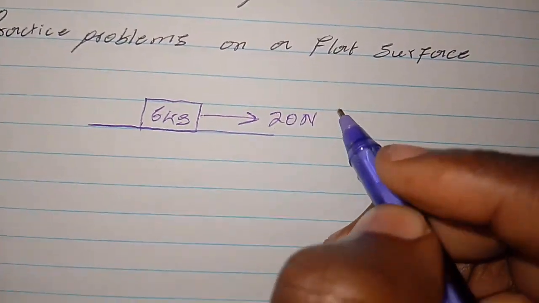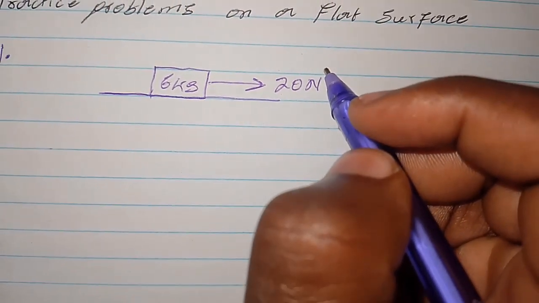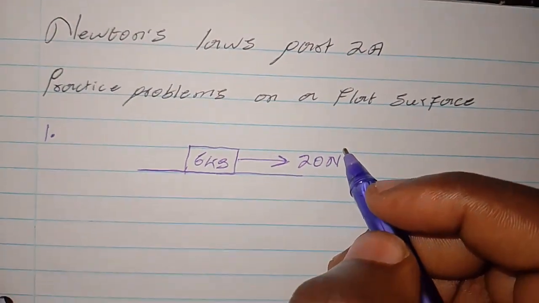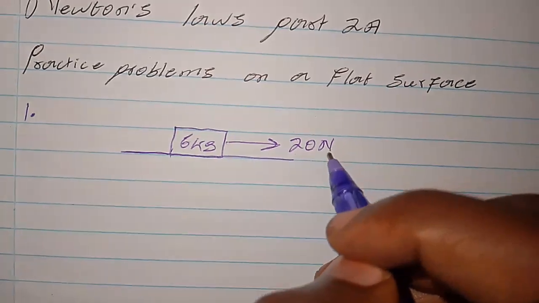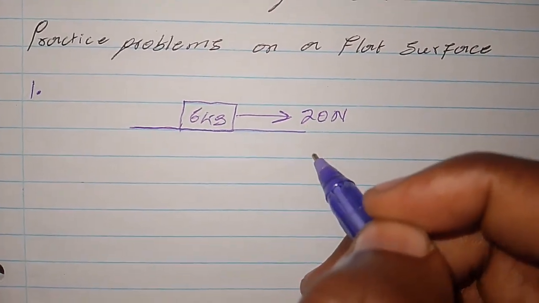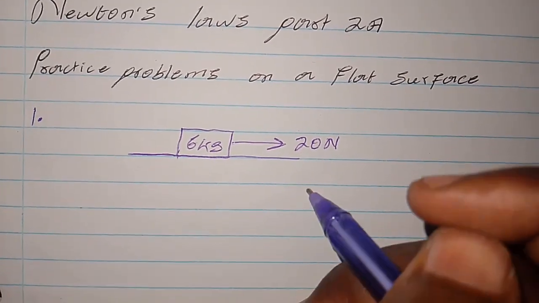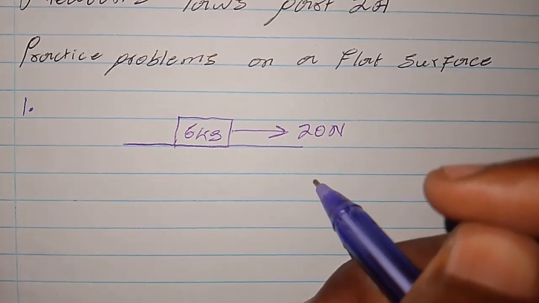So we get this in the statement that they will be giving us in each and every question of Newton's laws. So we take everything that is important. It's either we highlight it or we put it on the given diagram.